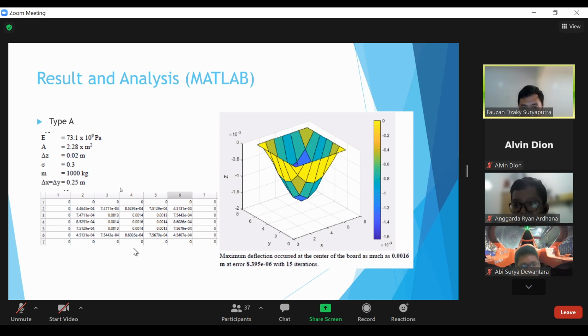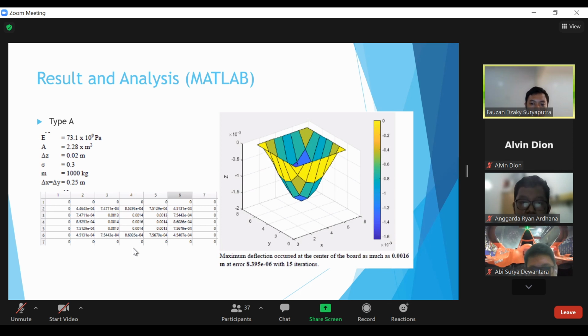So at the right side of the screen, here we have the contour plot of the deflection. So the maximum deflection is at the center of the plate, as said earlier, at 0.0016 meter. And this is coming from the 15th iteration.